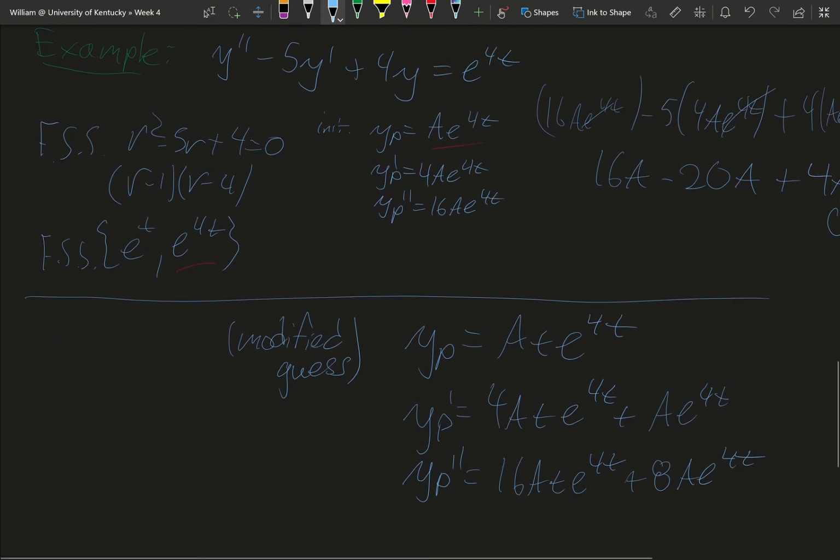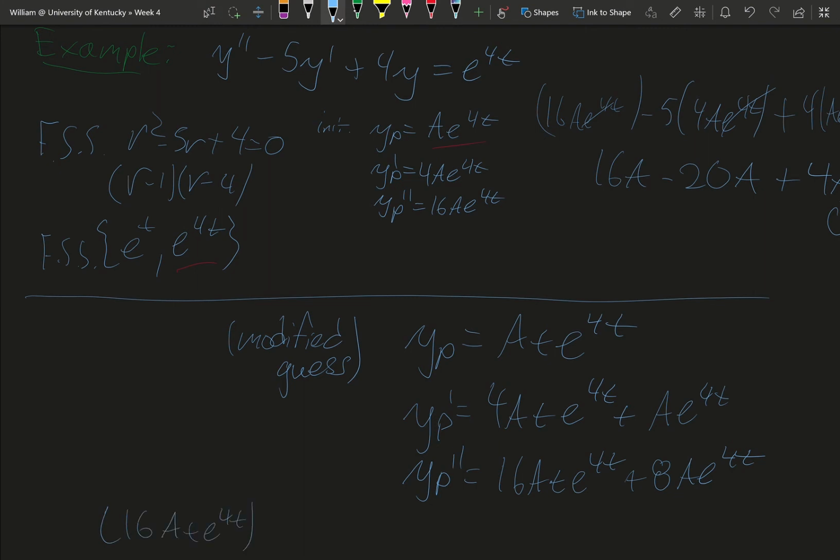All right. So now look what happens when we plug this in. So we have 16at e to the 4t plus 8a e to the 4t, right? This is our y double prime. We have minus 5 times 4at e to the 4t plus a e to the 4t, and then just plus 4at e to the 4t.